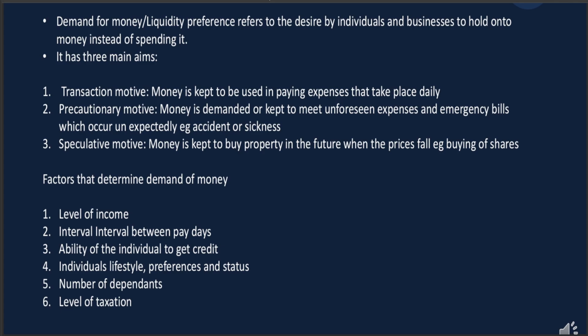So the third one is the ability of the individual to get credit. People and businesses who can easily get credit are likely to hold less money. So mtu ambao yaweza pata deni kirahisi, huyu jamaa hatisi ati yaweza shikilia pesa, atazitumia tu pale pale.